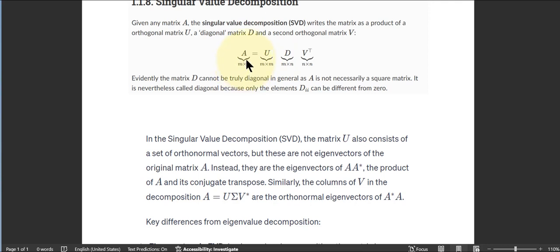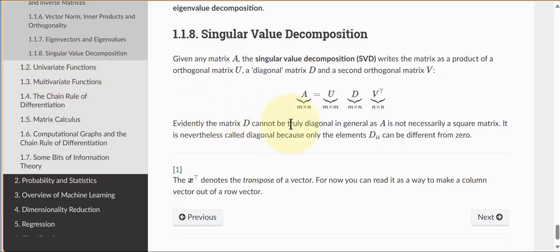So it's not the eigenvectors of A, it's the eigenvectors of A transpose, or A star. And that we can do. And then D is the eigenvalues for that.